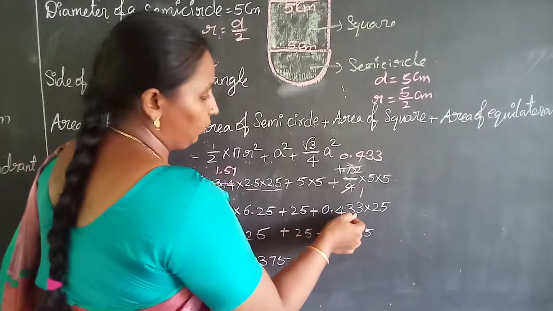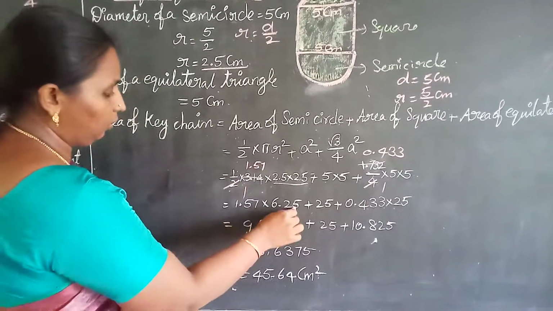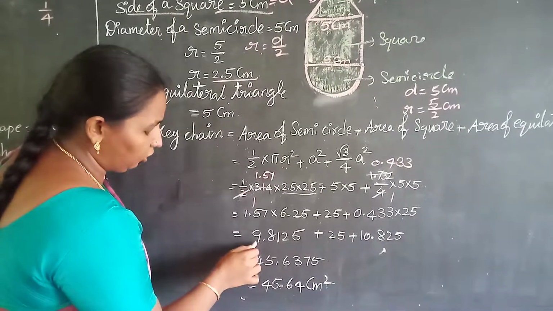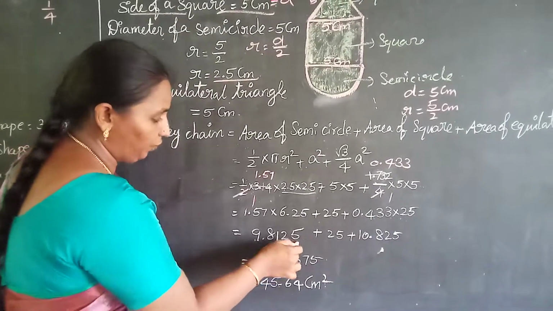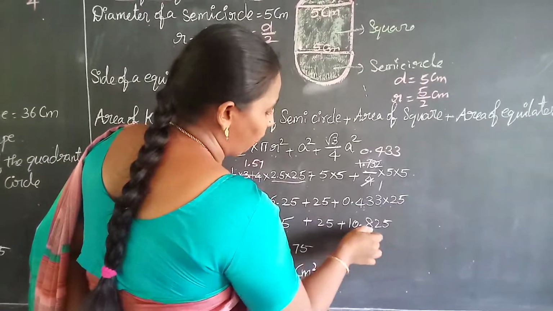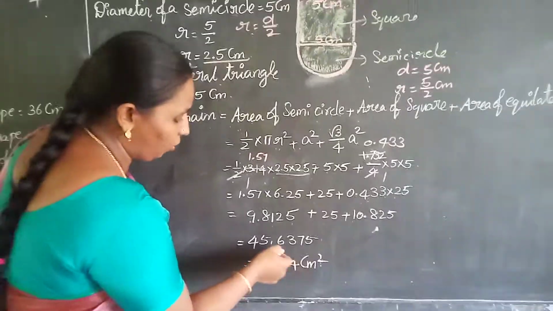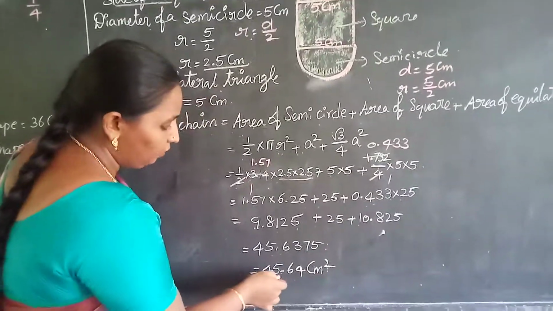So 0.433 into 5 5s are 25. Now multiply these two decimal numbers you get 9.8125 plus 25 plus multiply these two you get 10.825. Add these three numbers you will get 45.6375.